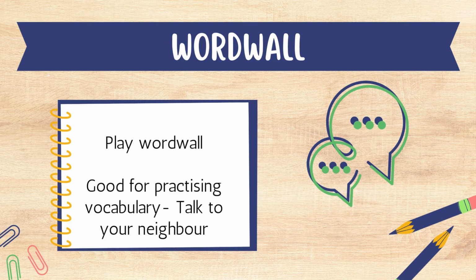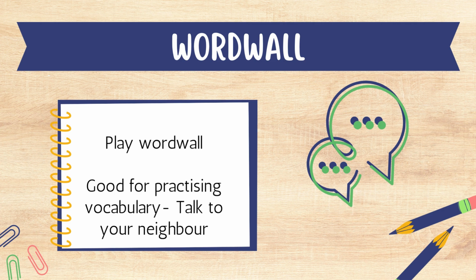The first strategy is word wall. The learners could play word wall with a partner. You have two children working together in pairs, and they can practice vocabulary they have learned before. By word wall, we mean, for example, we are doing vocabulary on animals or my pets.